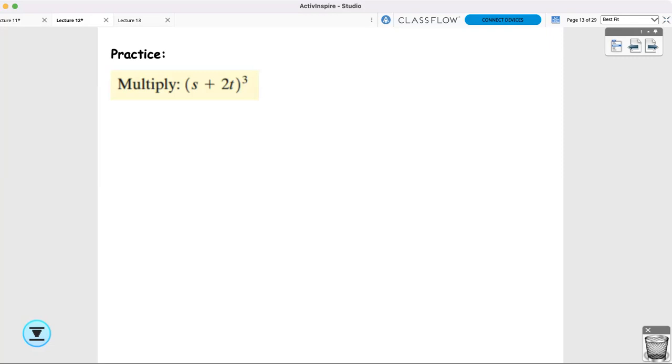All right, guys, was 4 minutes enough for you guys to tackle this beast of a practice problem? Was 4 minutes enough?